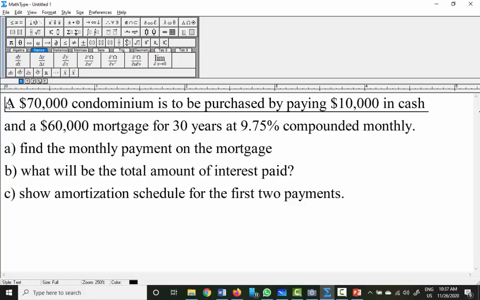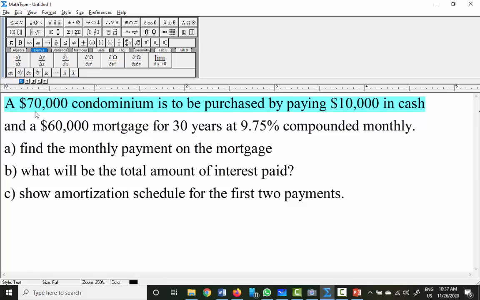In this question, a $70,000 condominium is to be purchased by paying $10,000 in cash. That means the apartment or condominium price is $70,000.